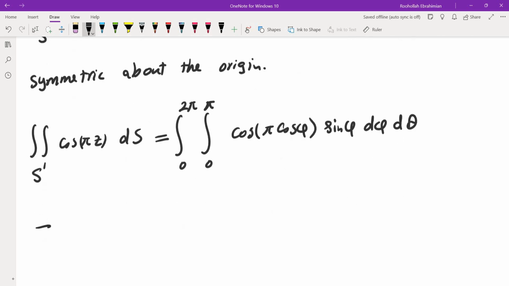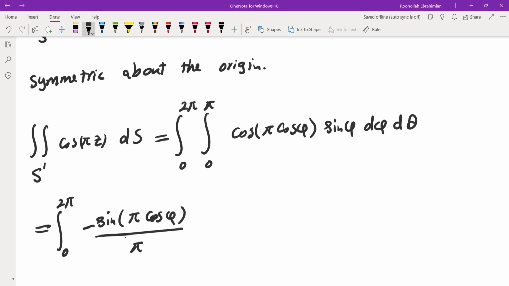Now the inner integral is actually pretty easy to evaluate. That is just the sine of pi cosine of phi. If you look at the derivative of sine of pi cosine of phi, you get cosine of pi cosine of phi times negative pi sine phi. So we get this, and this would have to be evaluated from 0 to pi d theta.